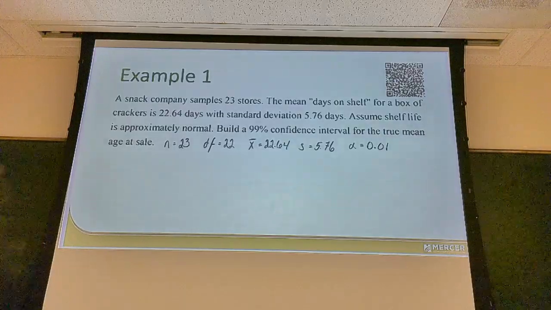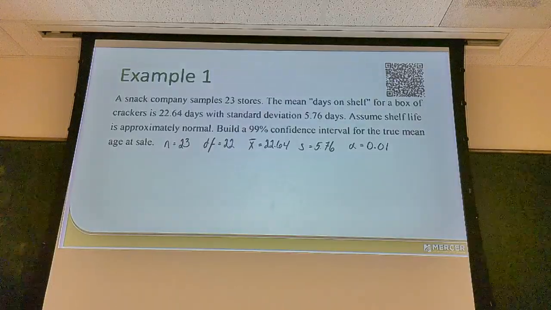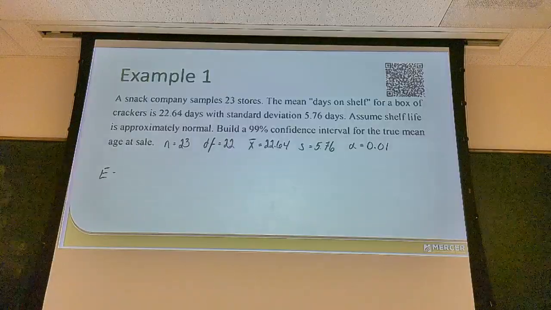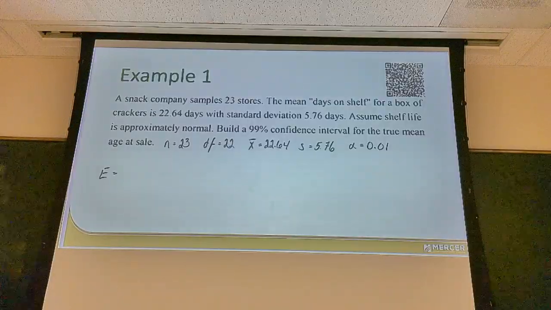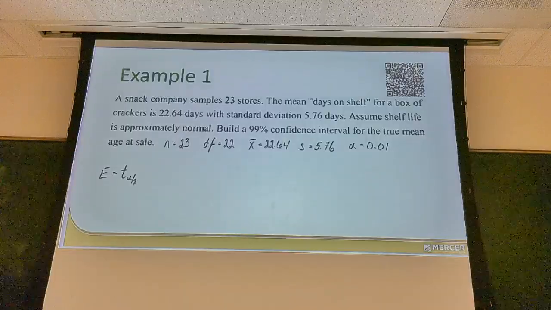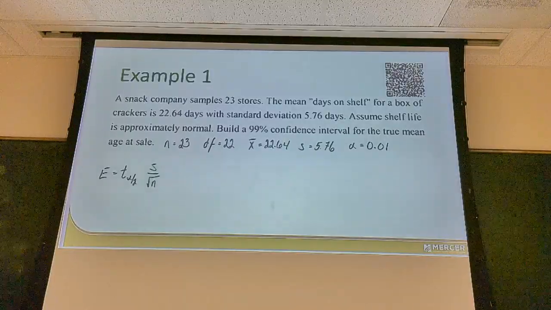Good. First, margin of error. It's T alpha over 2, S over square root of n.